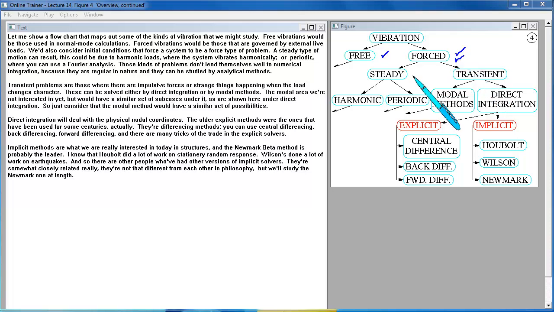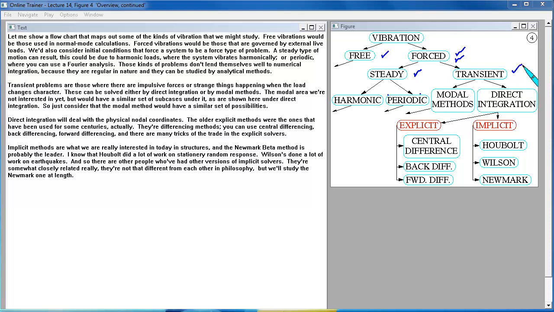A steady type of motion can result. This could be due to harmonic loads where the system vibrates harmonically, or periodic where you could use a Fourier analysis. Those kinds of problems don't lend themselves well to numerical integration because they are irregular in nature, and they can be studied by analytical methods.